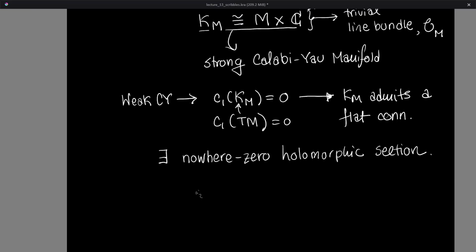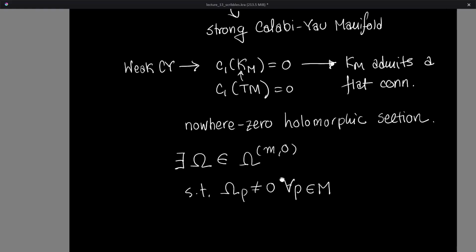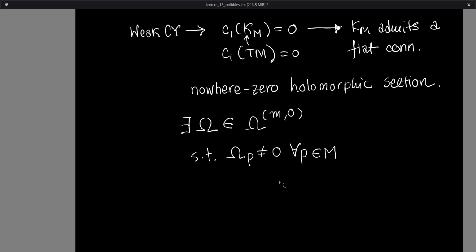In other words, we need there to exist an omega, which is an element of Omega^{m,0}, such that omega_p is not equal to 0 for all p in M. This m,0 form, this element of the canonical bundle, is usually called a holomorphic volume form.